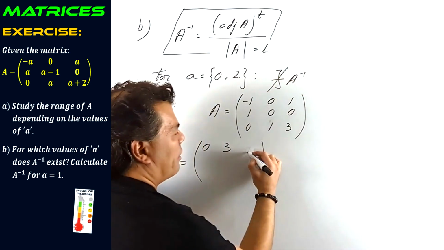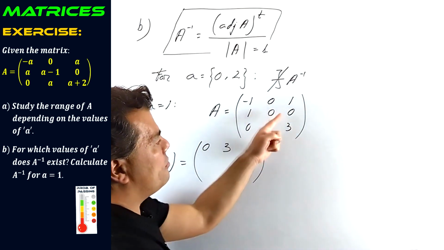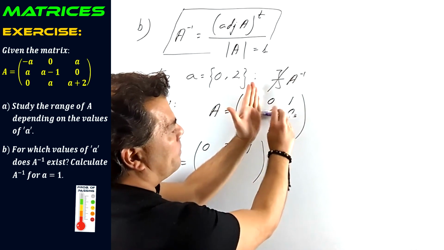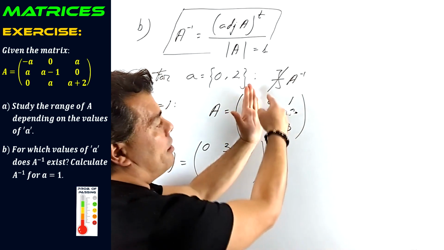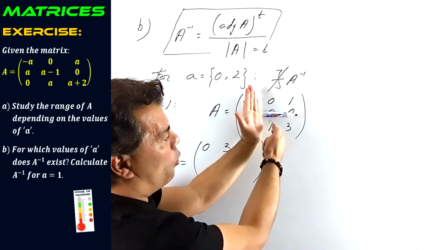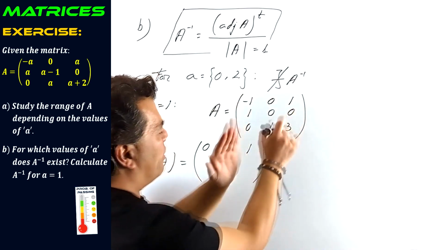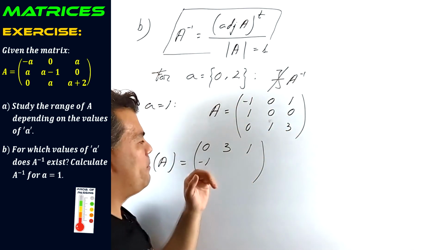That is 1. Row 2, column 1. That is 0 times 3 is 0, minus 1 times 1 is 1. 0 minus 1 is negative 1.